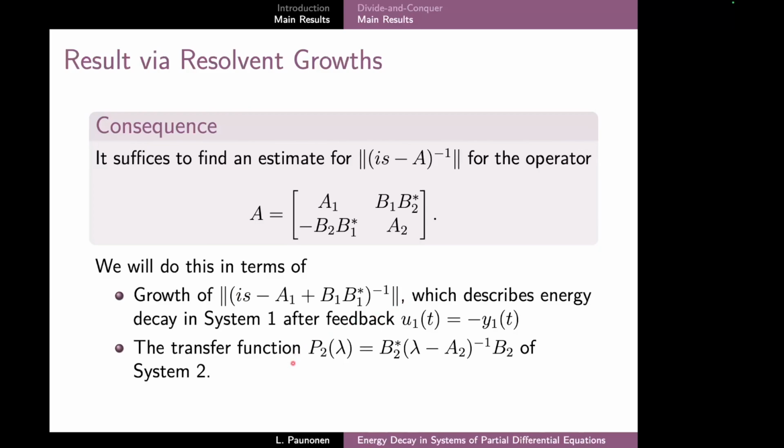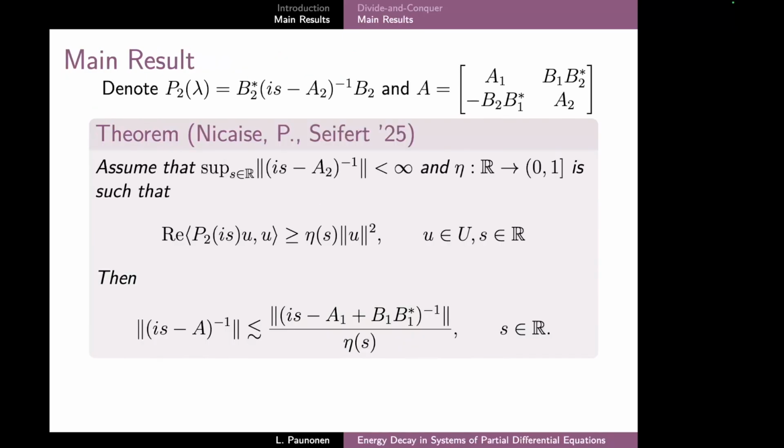On the other hand, the transfer function of system 2 in fact has a very concrete formula based on the resolvent operator of A2 as well as the operator B2. And this leads to our main result.